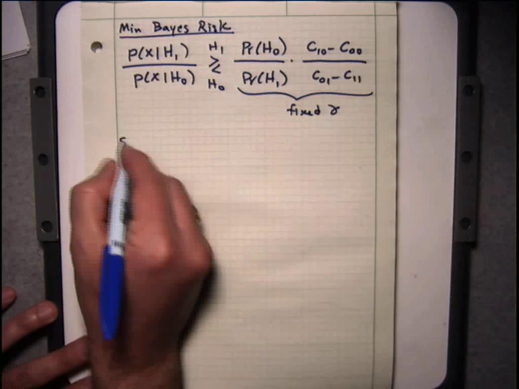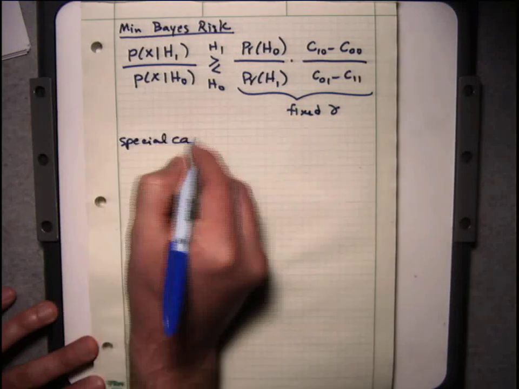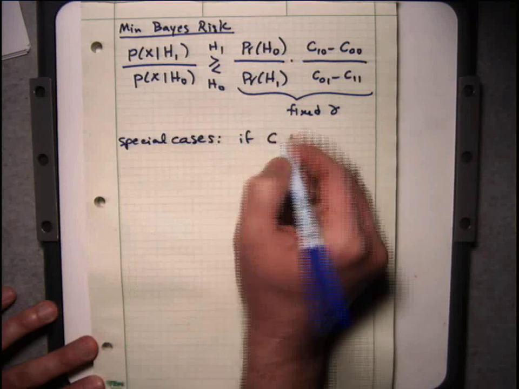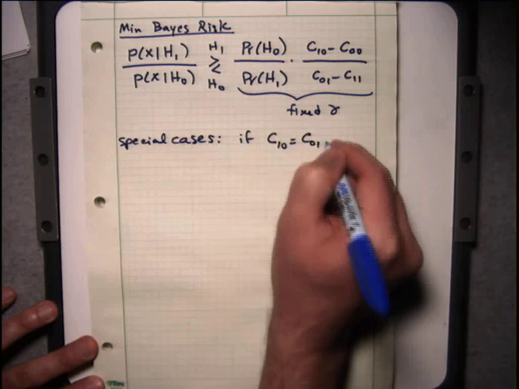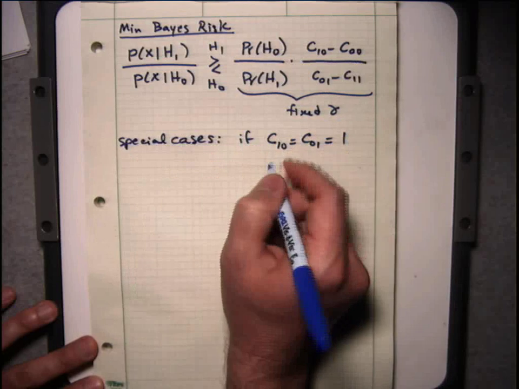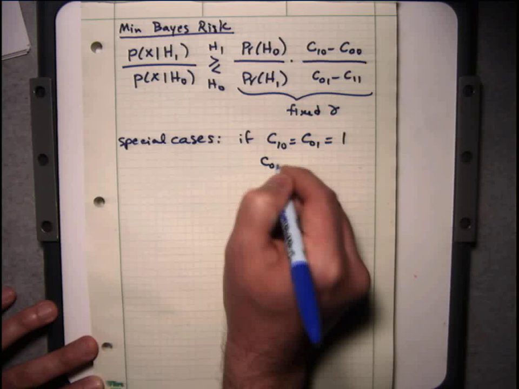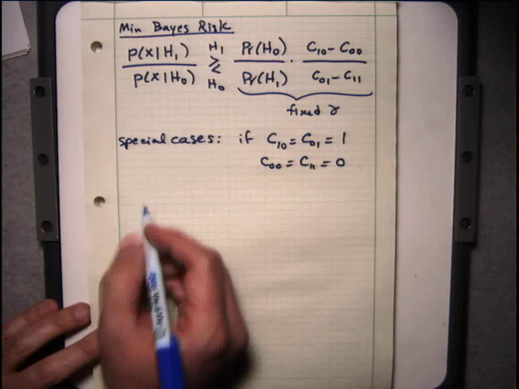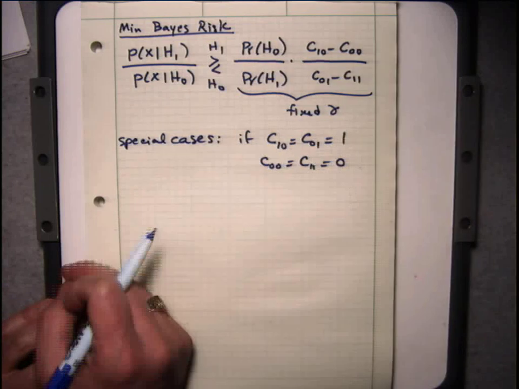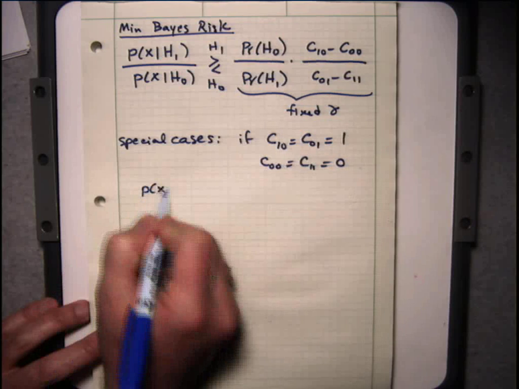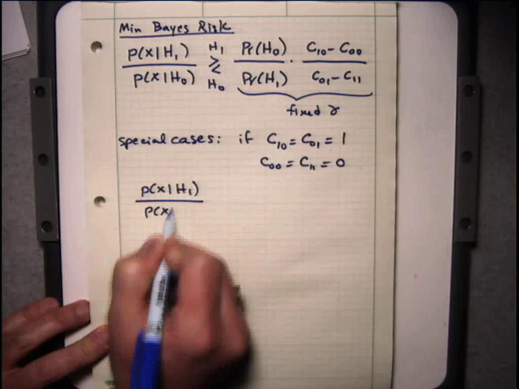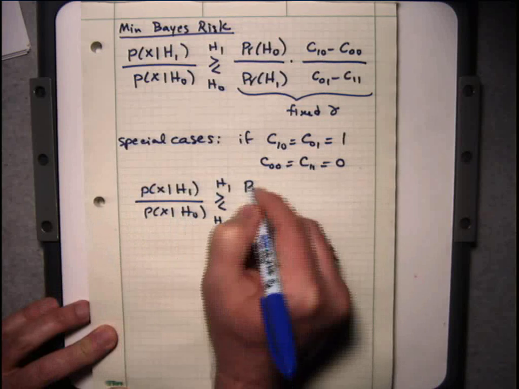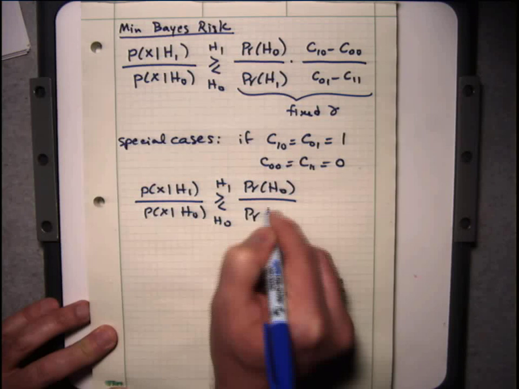Now, special cases of this included the case when C10 is equal to C01 equal to 1, and let's say C00 and C11 equal to 0. Okay? So then this term just goes away, and you have PDF of x given H1 over PDF of x given H0, compared to probability of H0 divided by probability of H1.